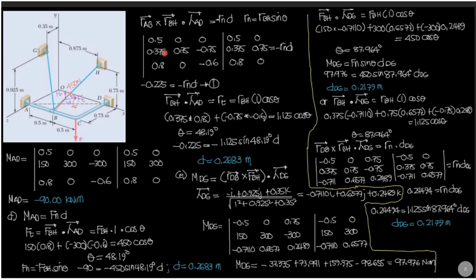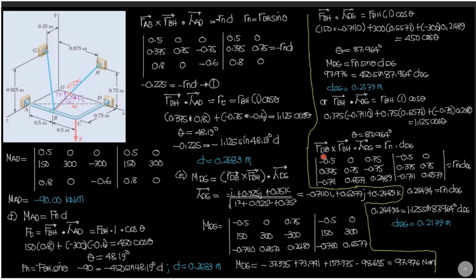So 0.375 times negative 0.711 plus 0.75 times 0.6577 plus negative 0.75 times 0.2489 equals the magnitude of r_BH, 1.125, times cosine theta. Don't forget the cosine of theta. So solving for theta, it is 87.964 degrees, just like when the force is directed from B to H.